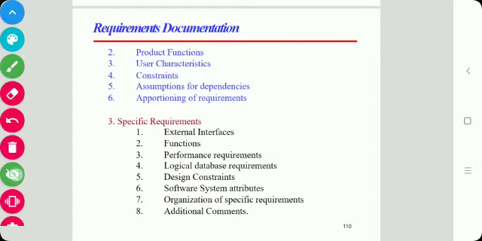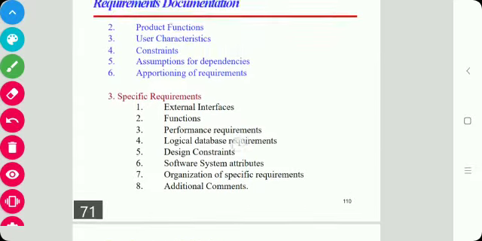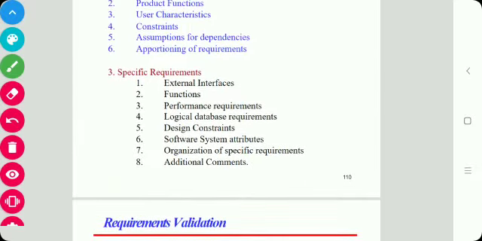And next is the third section. This is different according to the different software product. It consists of specific requirements.